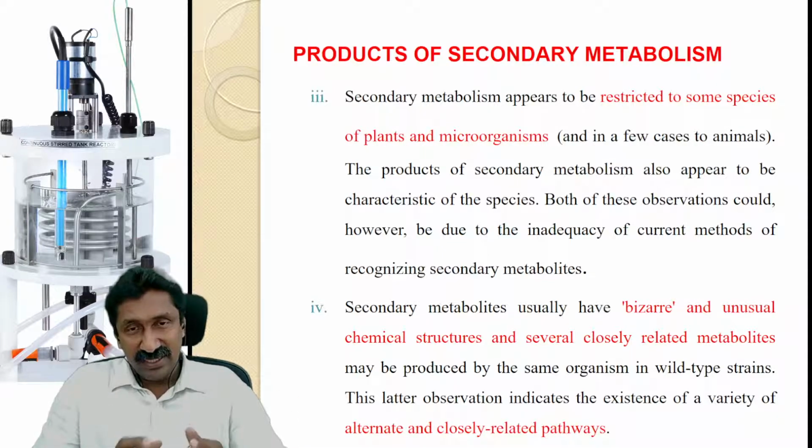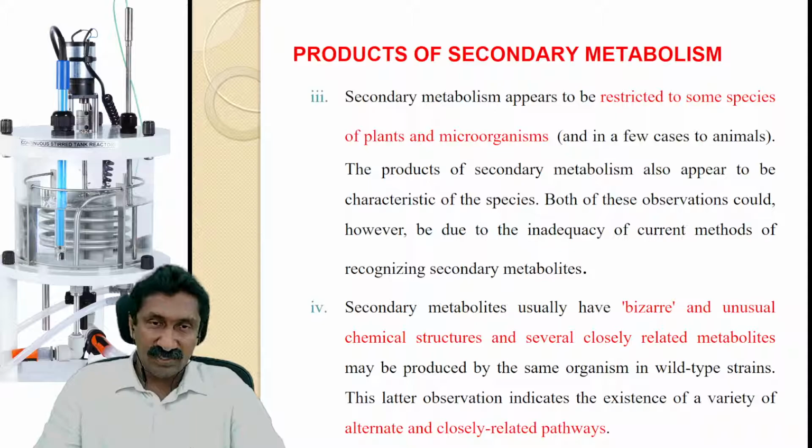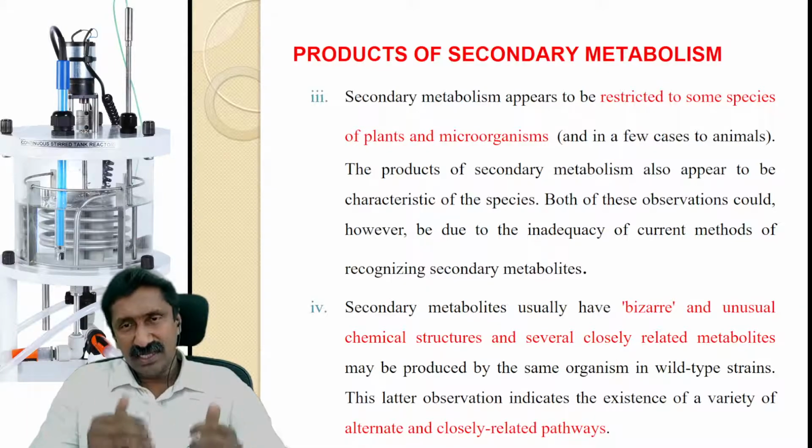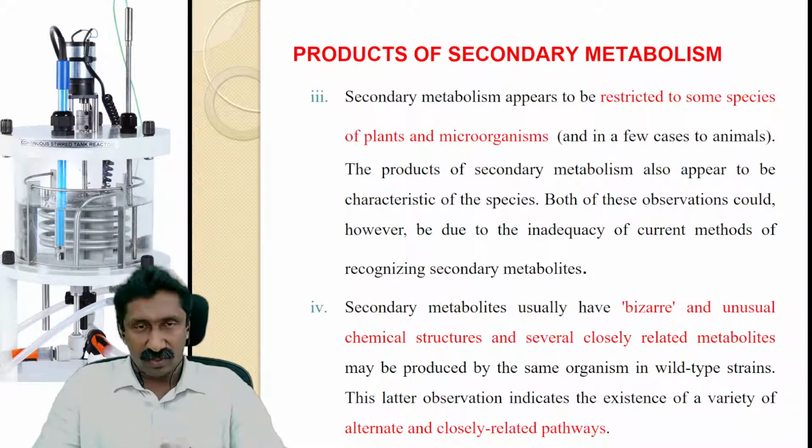So it doesn't mean that there are secondary metabolites available in animals or some other species, but our current methods were not sufficient for identifying all the possible secondary metabolites at the structural level. Okay. So anyway, basically nowadays the studies on secondary metabolites were focused on plants and microorganisms.